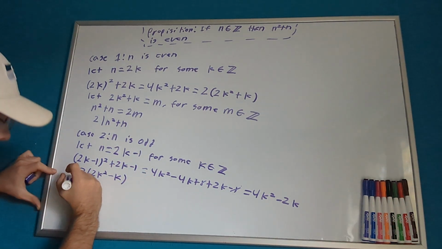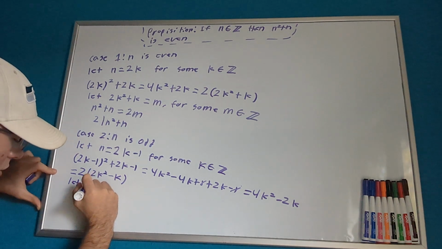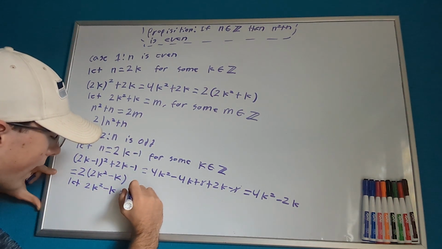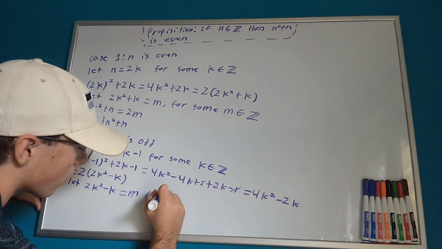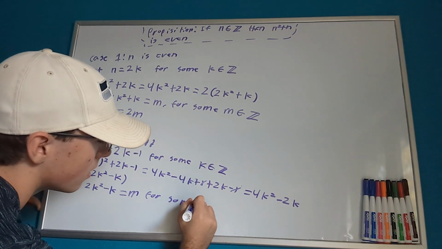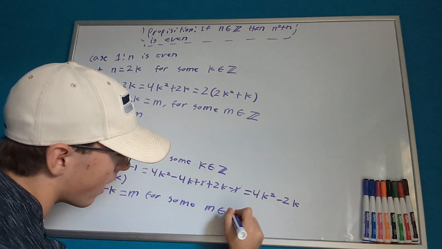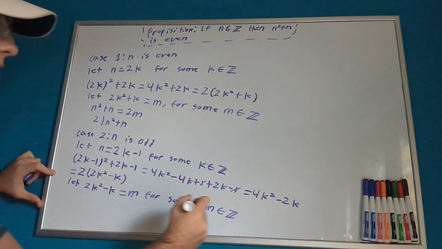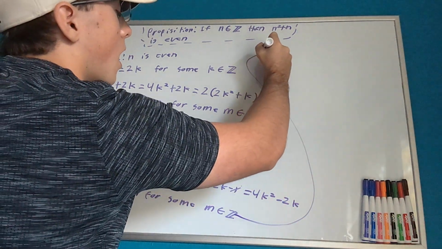And then we're going to let 2k squared minus k equal m for some m inside the integers. And as you can see, I haven't really left enough space for myself, so we're just going to take this up here.